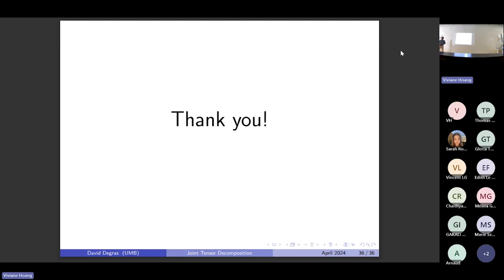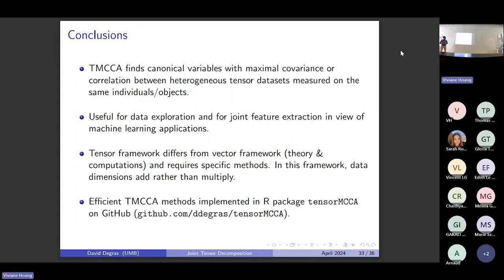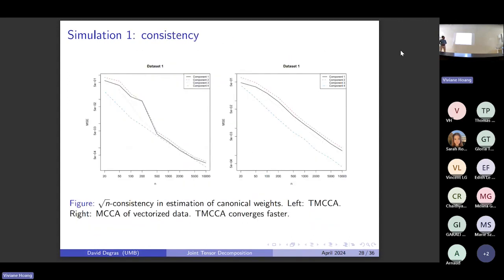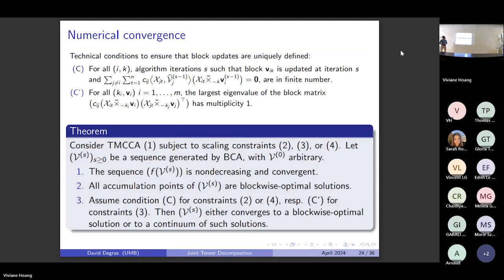Yep. Of course I have questions. I would start by asking about the kernel extension. How would you mix kernel extensions with tensor models? What would be your approach on that? Yeah, that's a good point. So if we're looking at this, this is nice in rank 1. If we had this separability here, that would be great. We could almost apply some kernel in each mode and do a product of those things.